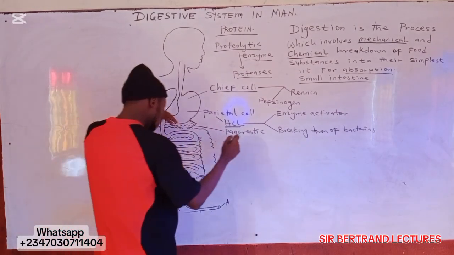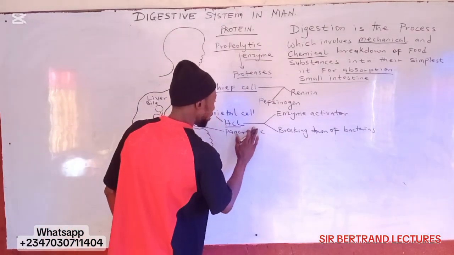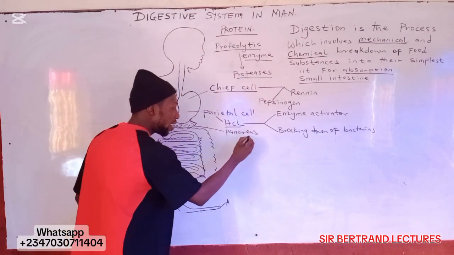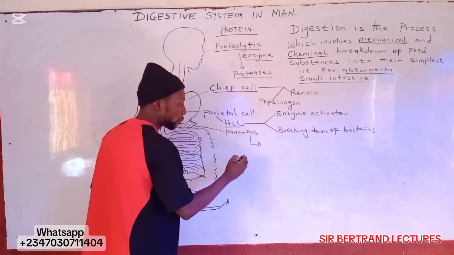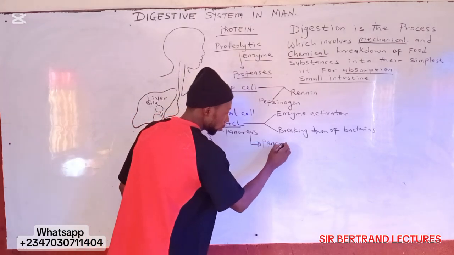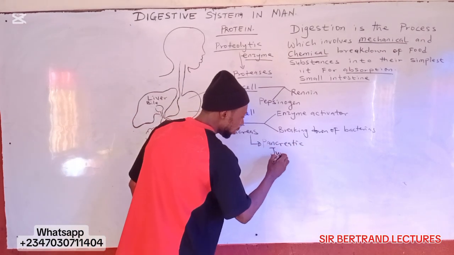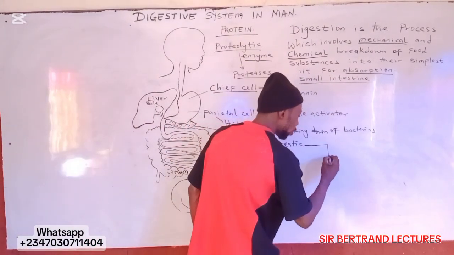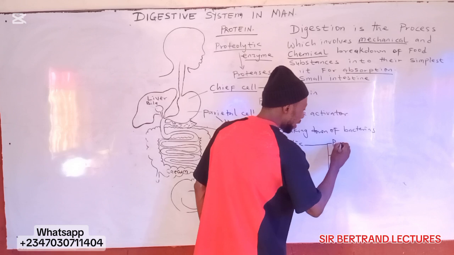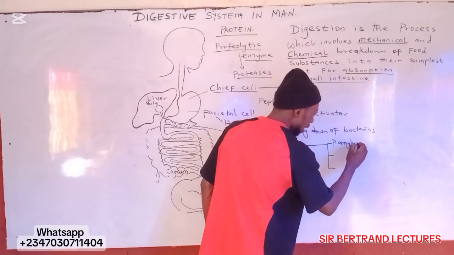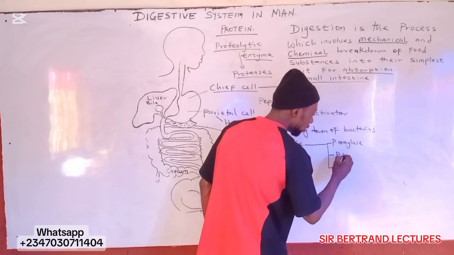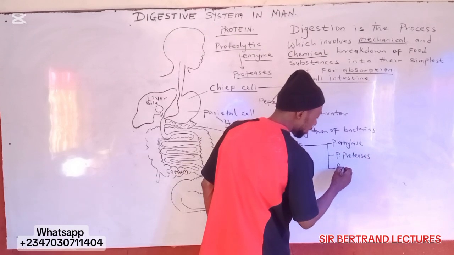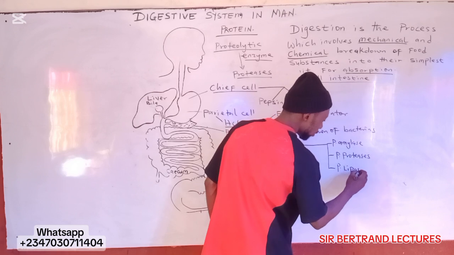Now, this is the pancreas. The pancreas here produces pancreatic juice. And this pancreatic juice consists of pancreatic amylase, pancreatic proteases, and pancreatic lipase.